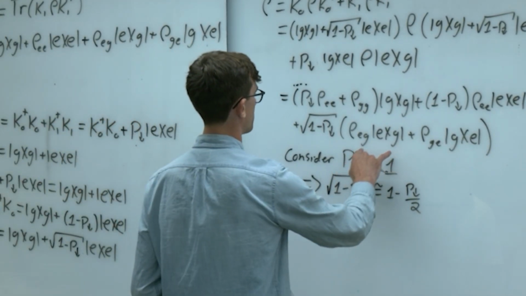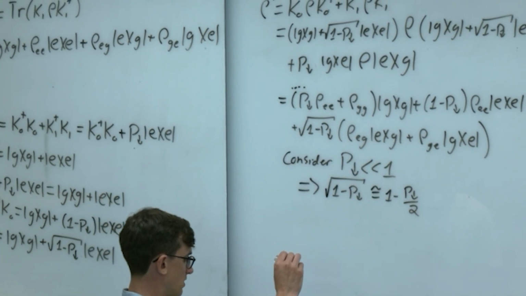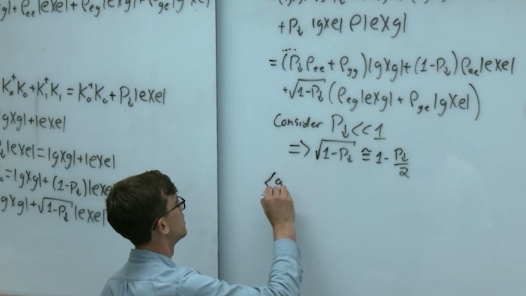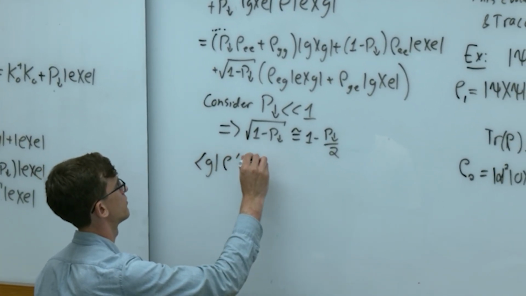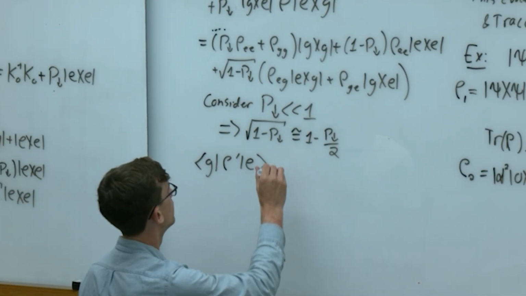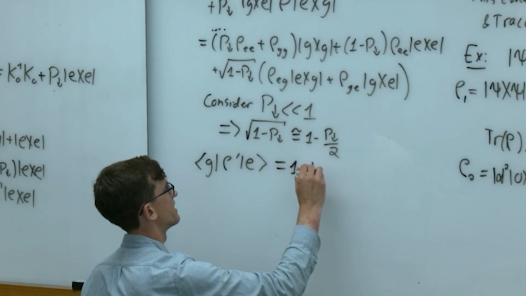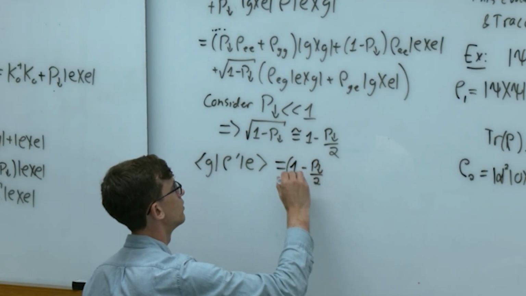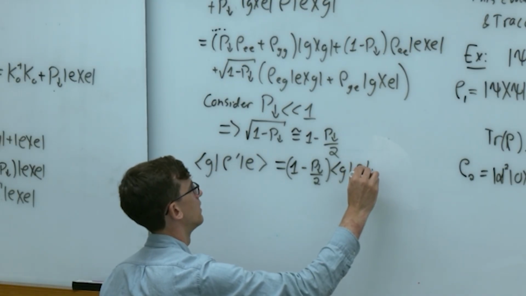So now let's ask the question, what does the coherence term look like in rho prime as compared to rho, right? It's equal to this quantity, 1 minus p down over 2, times rho EG.